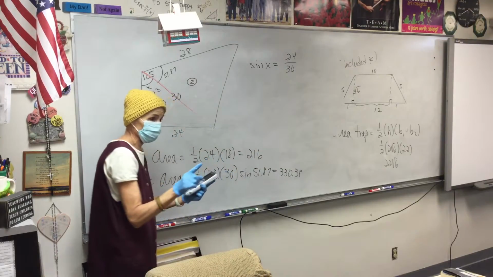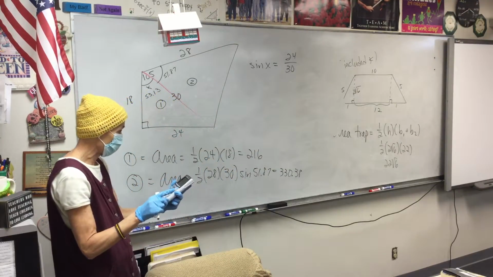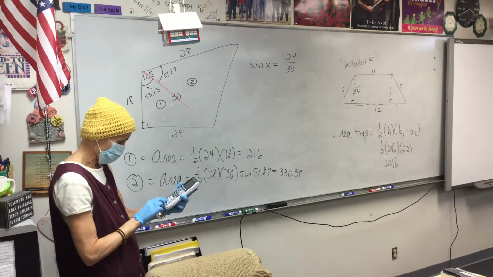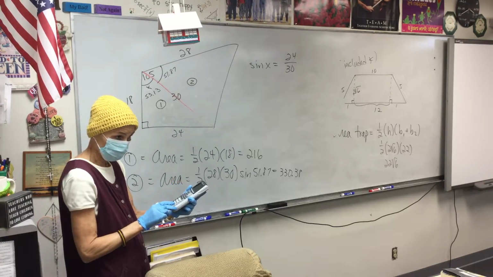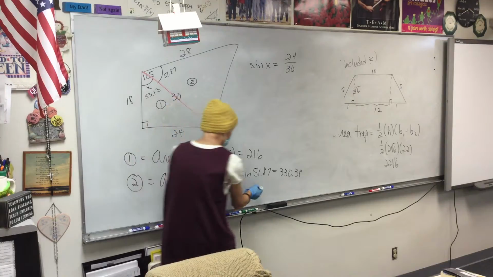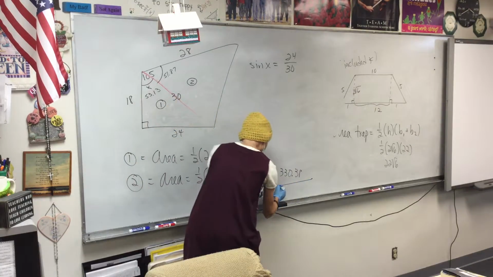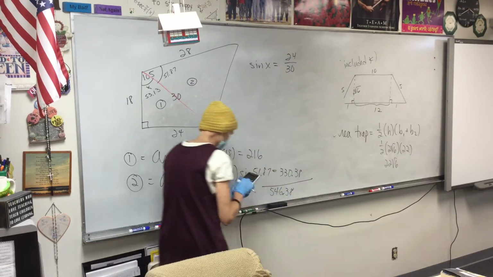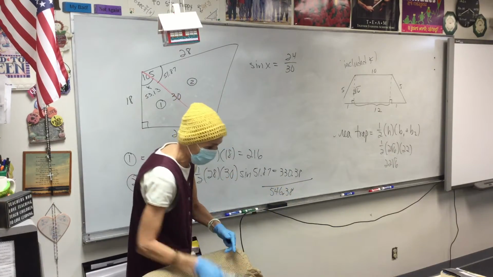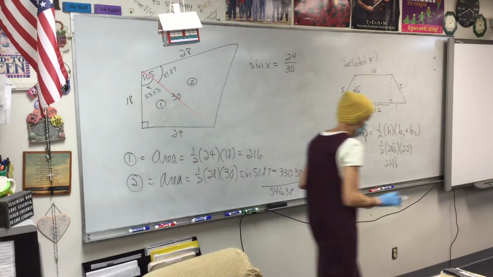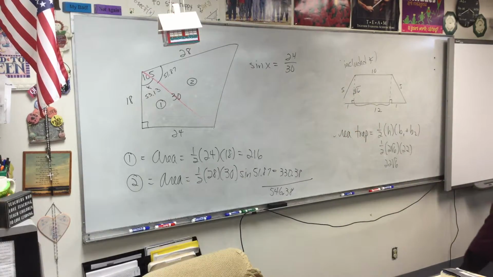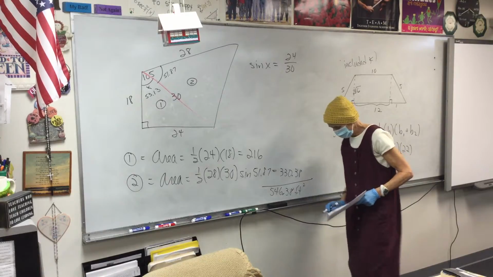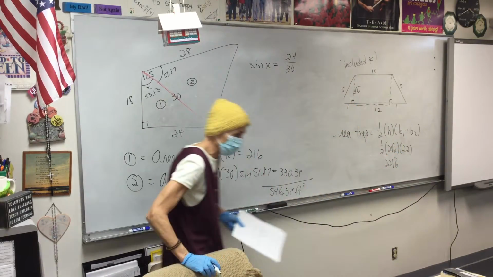But remember, what do you have to do with that 330.38? Add it to the 216. So 546.38 is square, I don't know, I forgot, was it feet? Square feet, yeah, would be your final answer.